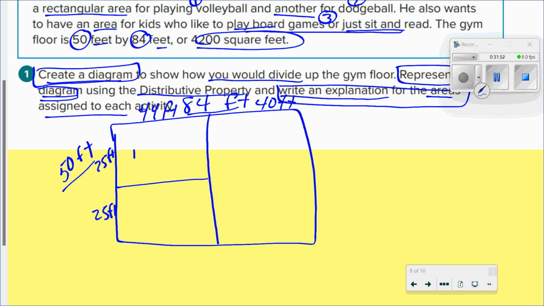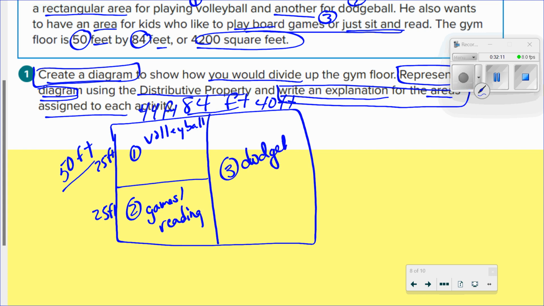So that I'd have the volleyball, the games and reading, and dodgeball. The only downside to this is because I broke it 3 ways, it's going to make it a little harder to show the distributed property. But my equation, I would basically break into this one.